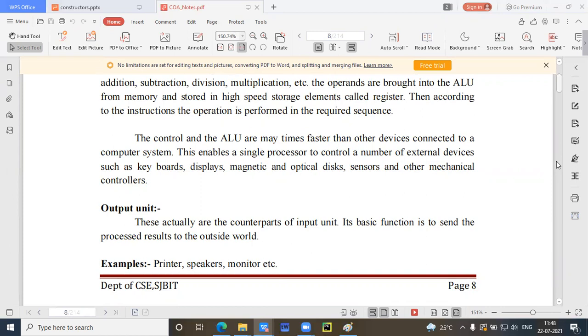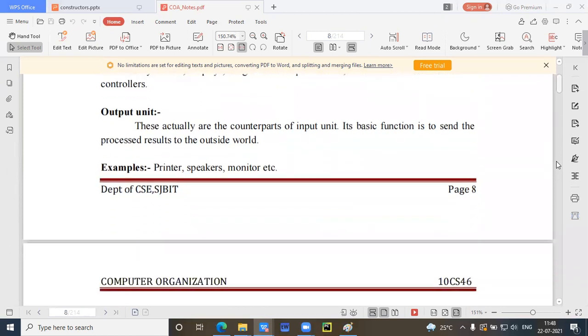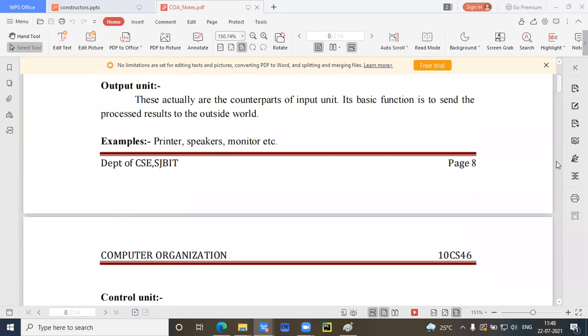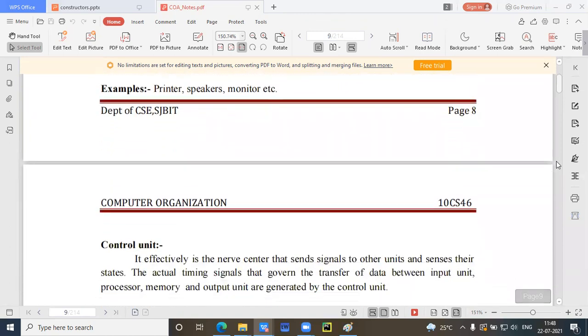The fourth one is the output unit. This is actually the counterpart of the input unit. That is, the input will take the data, the output will give the data. Its basic function is to send processed results to the outside world. For example, printers, speakers, monitors, etc. These will give the output, right?